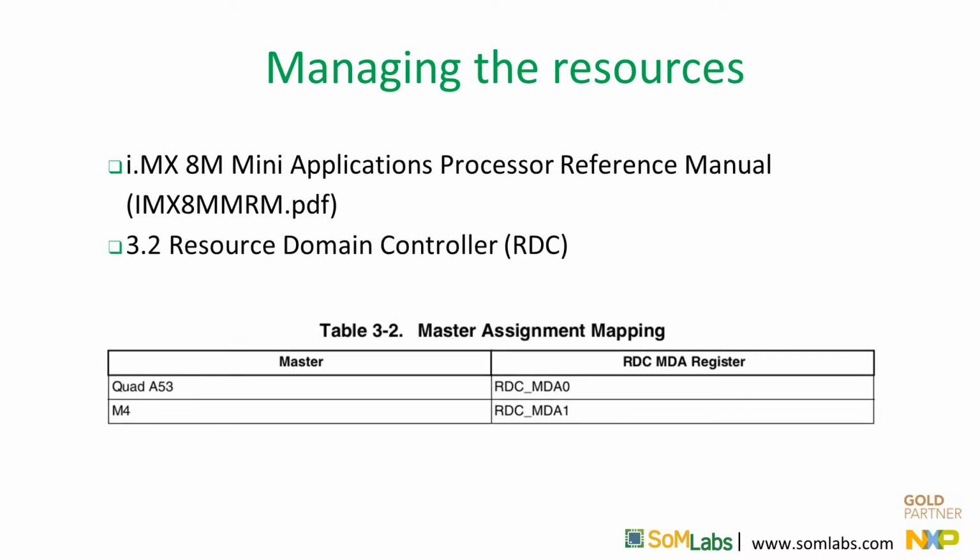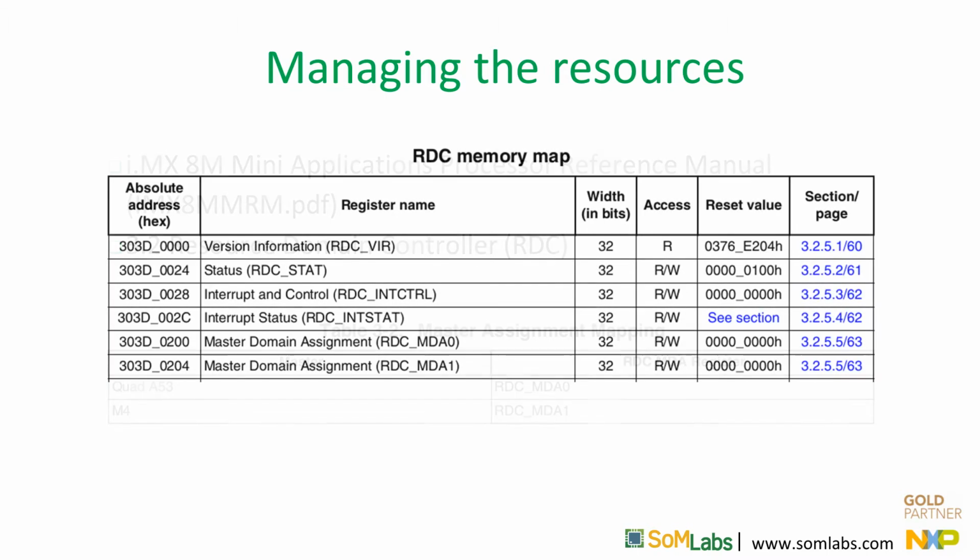The description of the RDC registers can be found in the processor's manual in table 3.2. It informs us that the Cortex-M4 configuration is in the RDC MDA1 register, which in the memory map is at the address 303D0204.